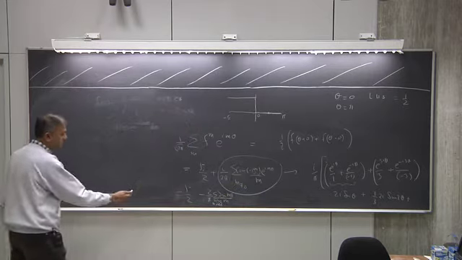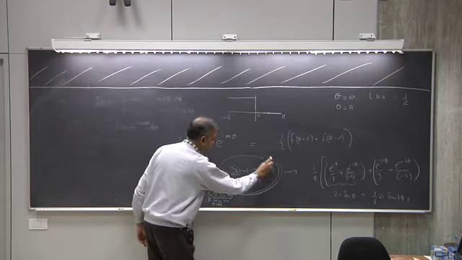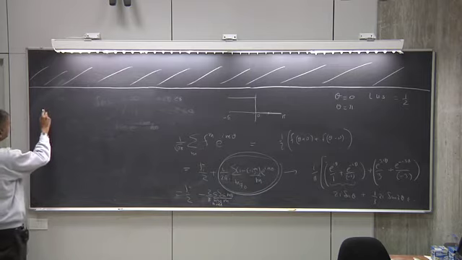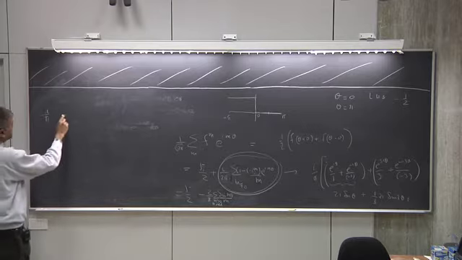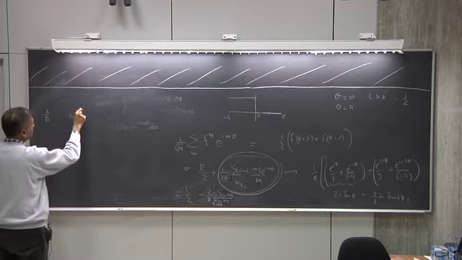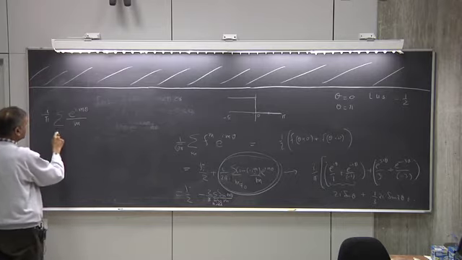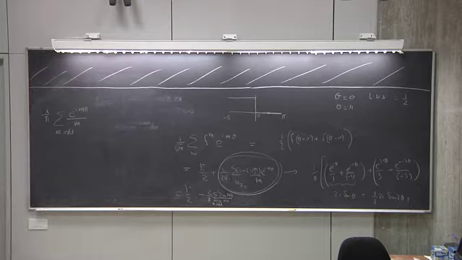Let's look at this part, this sum. This sum is 2i over 2 pi, so i over pi. And then you have e to the power of i m theta divided by m, where I'm summing over m odd, both positive and negative.